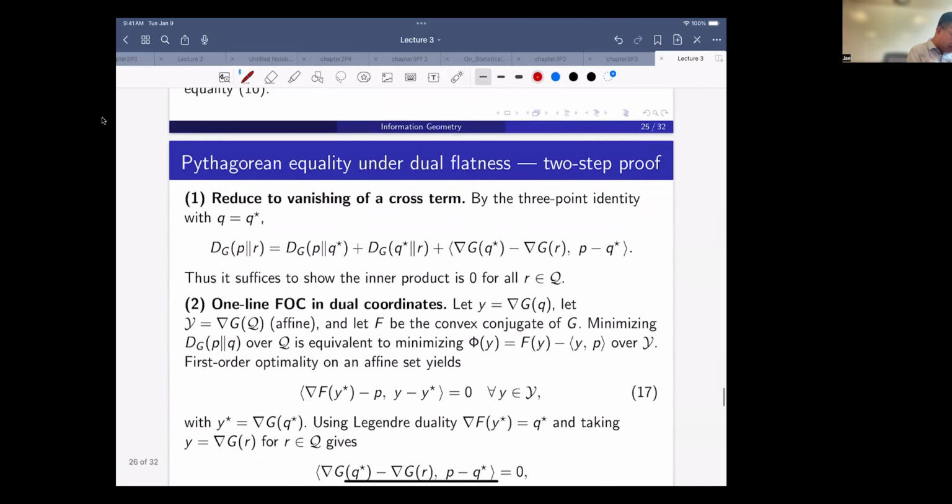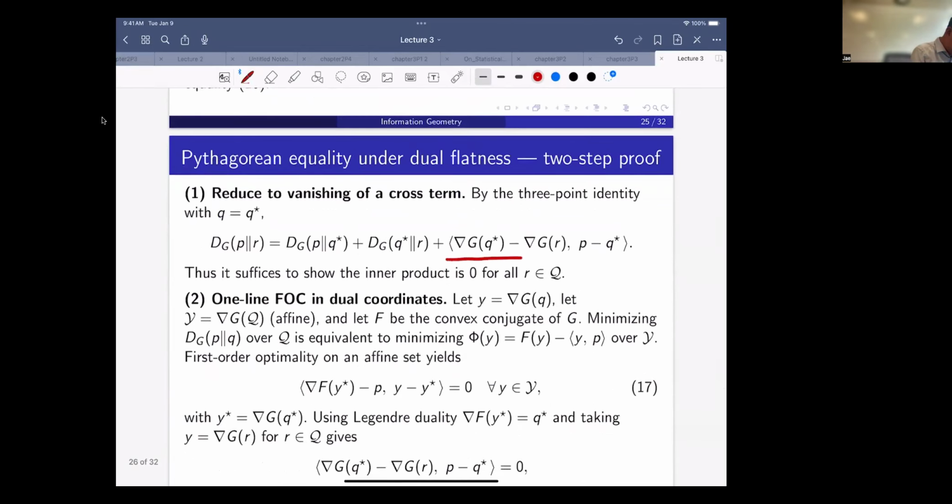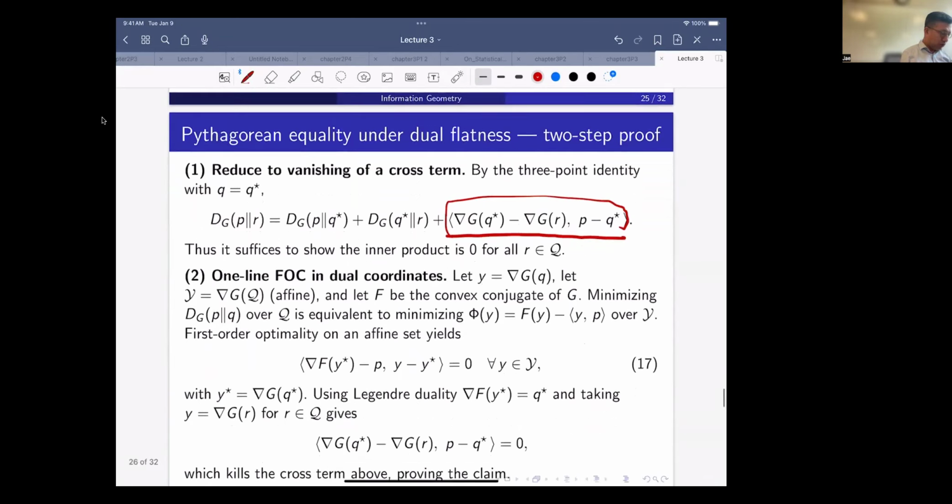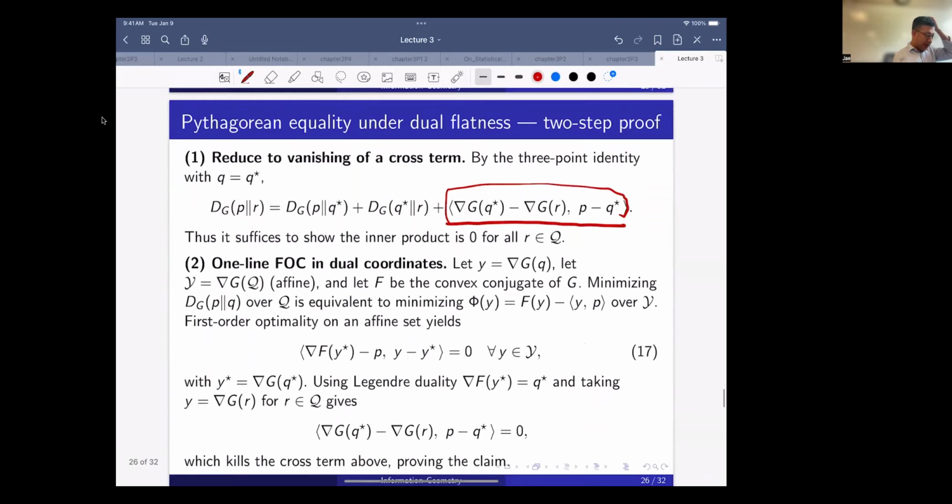So remember this three-point identity. We have the cross product term, and we want to make this cross product term equal to 0. So what should we do? We first identify the mapping.